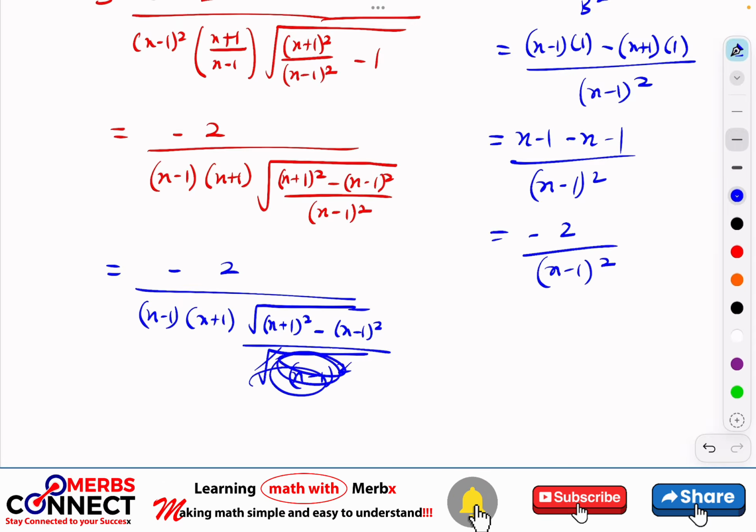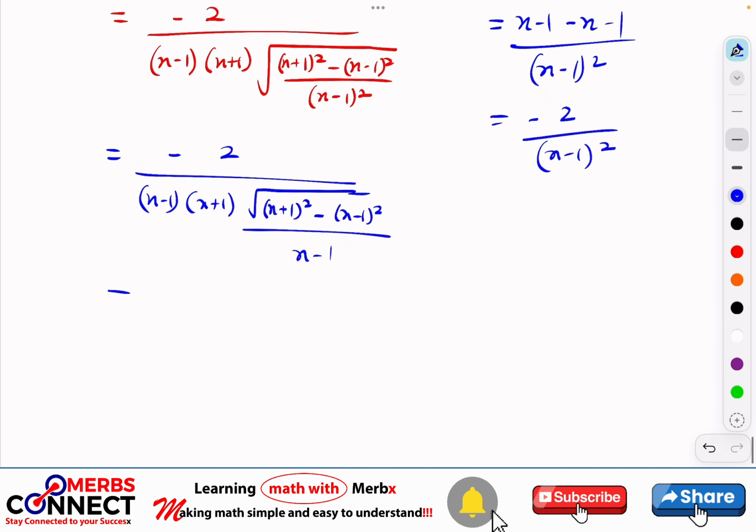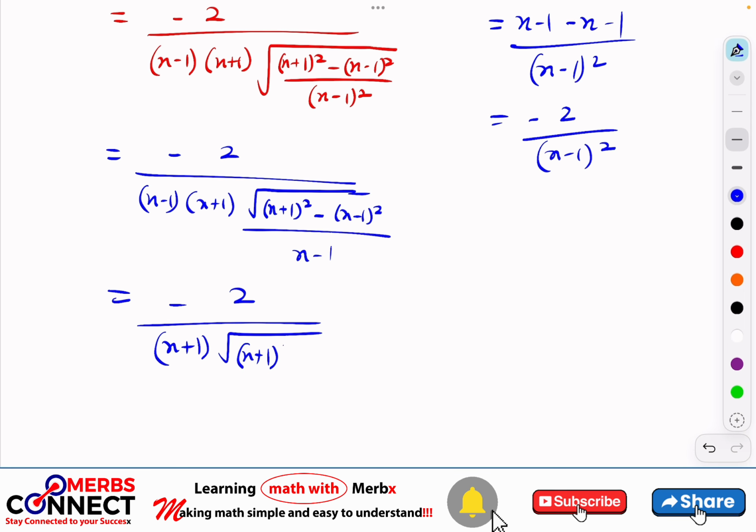So this is the same as x minus 1. Good. And this guy will cancel this guy. So finally, we are going to have our solution to be minus 2 divided by x plus 1 times the square root of x plus 1 squared minus x minus 1 squared.